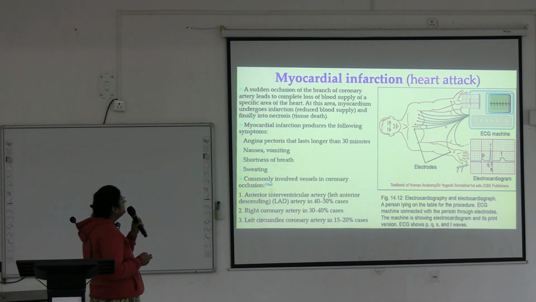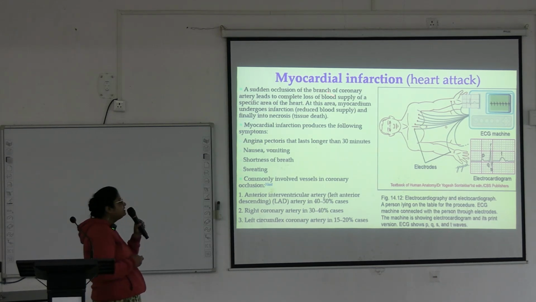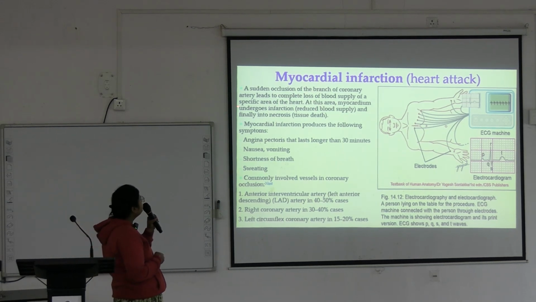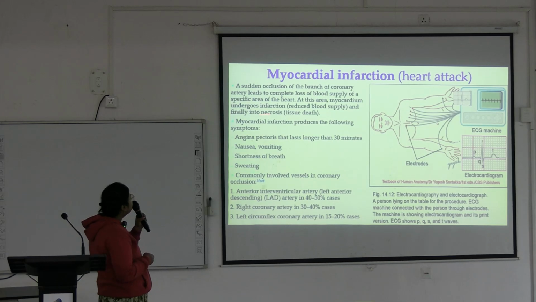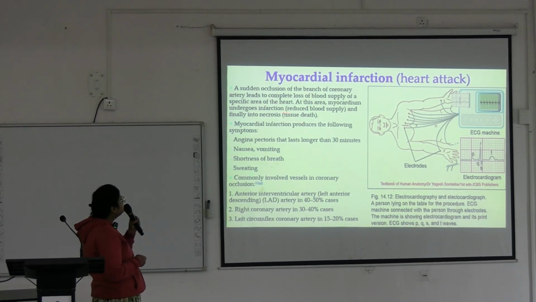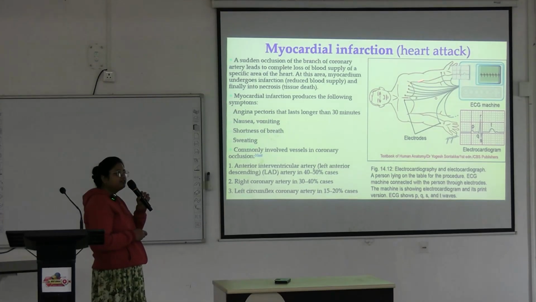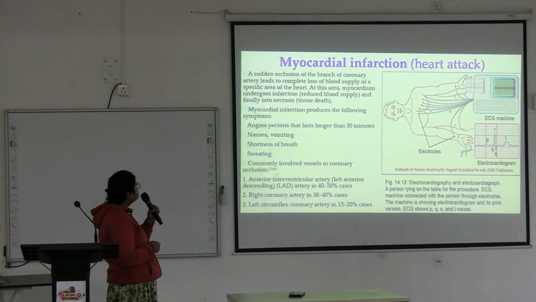Next we go to myocardial infarction. A sudden occlusion of a branch of a coronary artery leads to complete loss of blood supply to a specific area of the heart. In this area, the myocardium undergoes infarction, that is reduced blood supply, finally leading to necrosis, that is tissue death. Infarction means there will be tissue death.